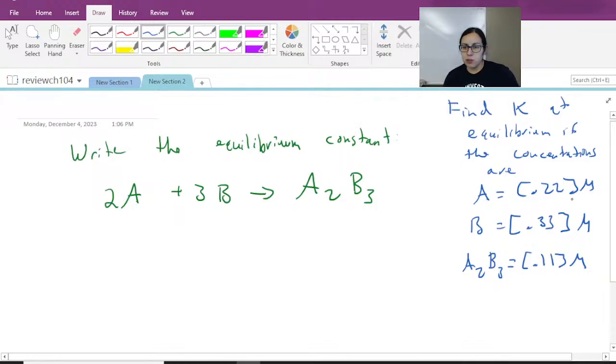So A is 0.22 molarity, B is 0.33, and A2B3 is 0.11. I'll give everybody a few minutes to try that one.